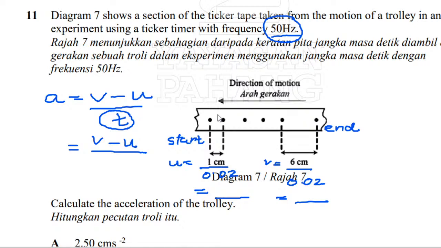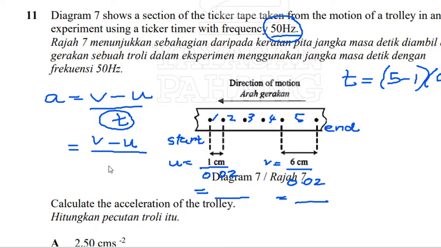Here we have 1, 2, 3, 4, 5. Total dot space is 5, right? So 5 minus 1 times the time taken for 1 dot space, 0.02. So your answer here, put it in.